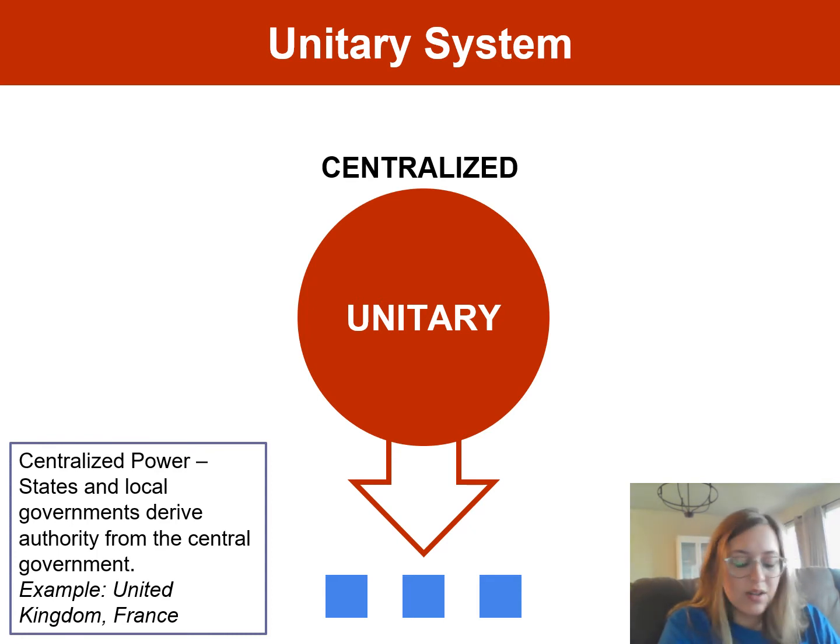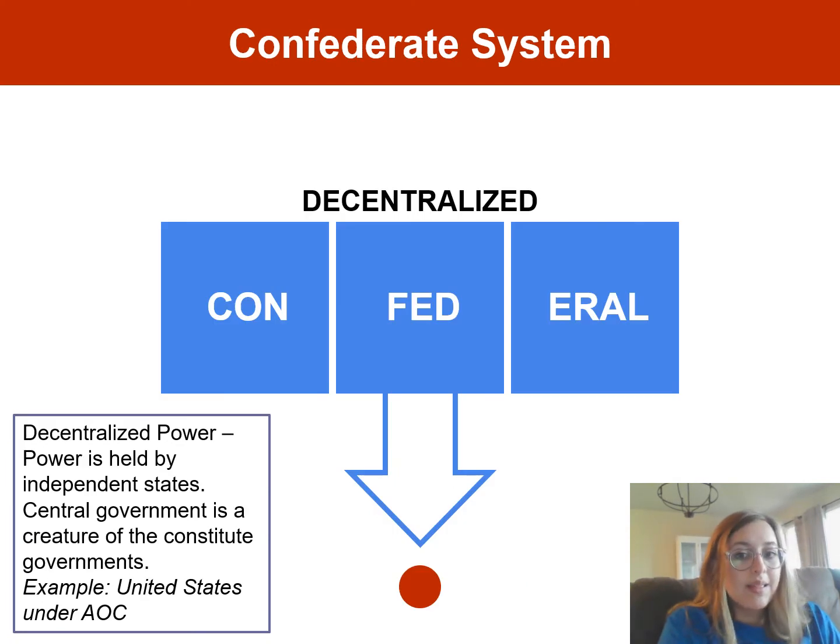Power is centralized. The opposite of a unitary system, and what we tried under the Articles of Confederation, is a confederate system, where the states have all the power and they give a teeny bit of power to the national government, really for the purpose of unity.